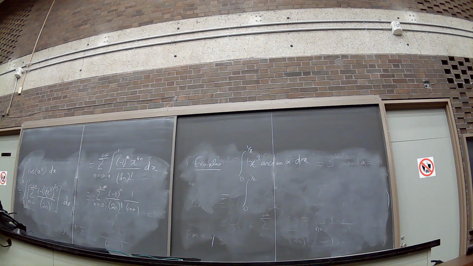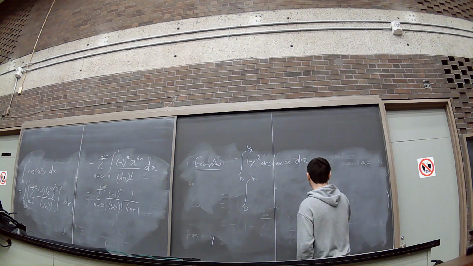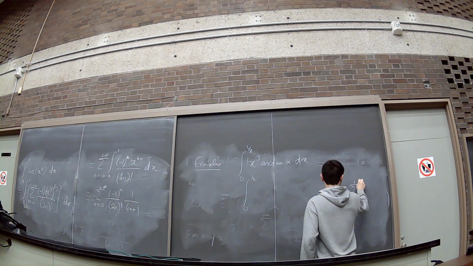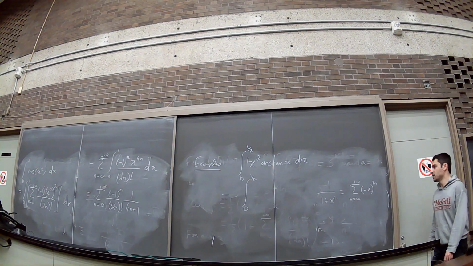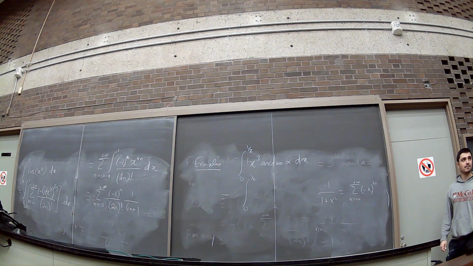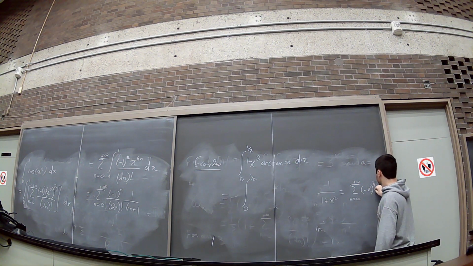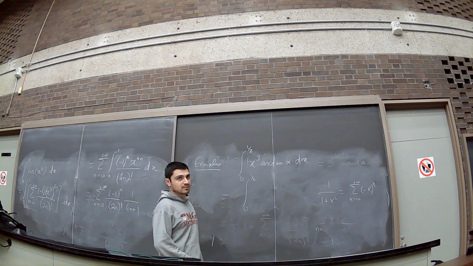You forgot how to do it. How do you rewrite it? You integrate the geometric series. Exactly. So I integrate 1 over 1 plus x squared, which is just this sum, right? Integrate both sides. What do you get?